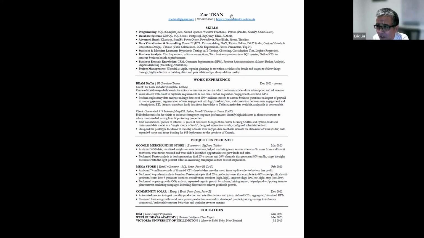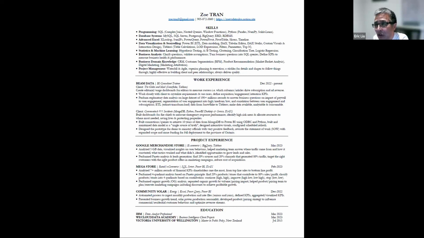So first name, last name, email address, phone number, and the portfolio website. After that, there are actually 4 writing blocks: skills, work experience, project experience, and education.